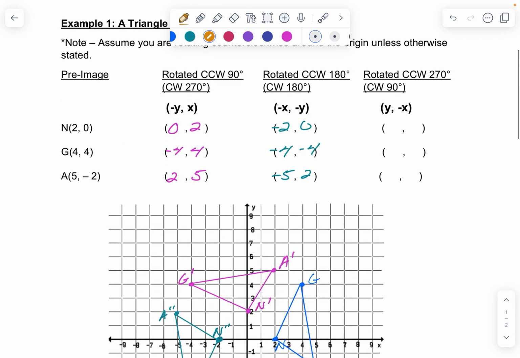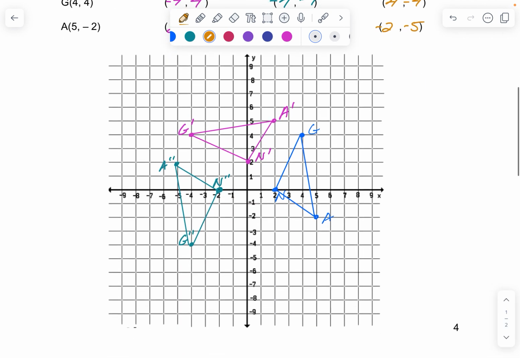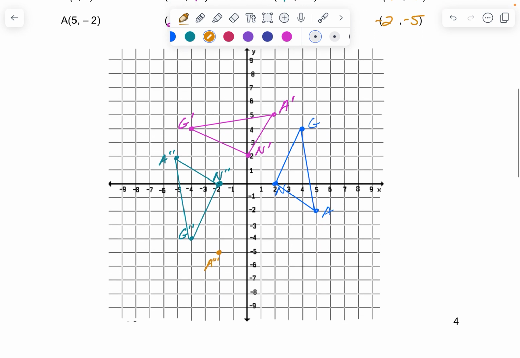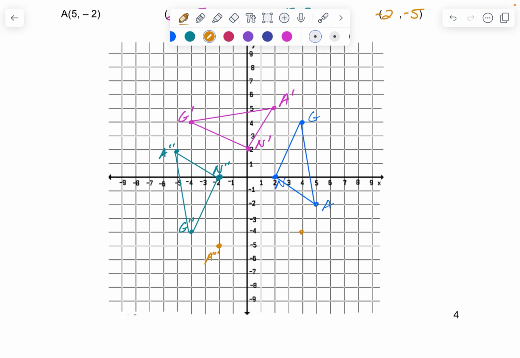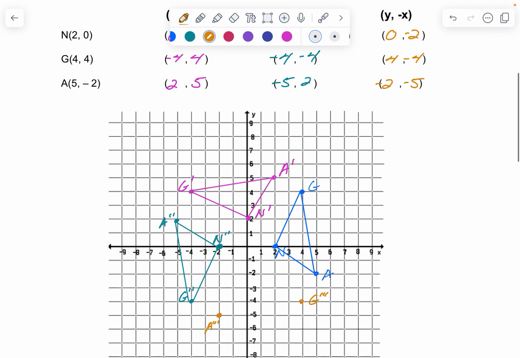And then finally, 270 degrees, this is going to be (0, negative 2), (4, negative 4), and (negative 2, negative 5). So (negative 2, negative 5), that's my A triple prime. (4, negative 4), that's my G triple prime.